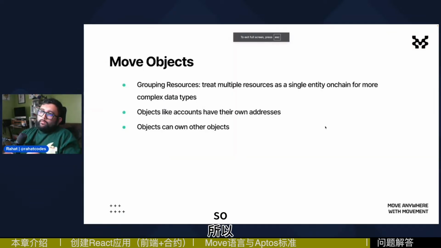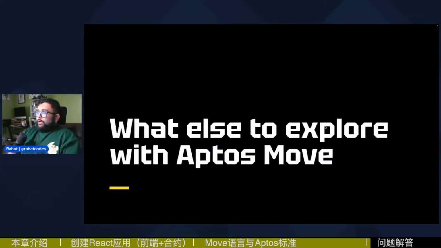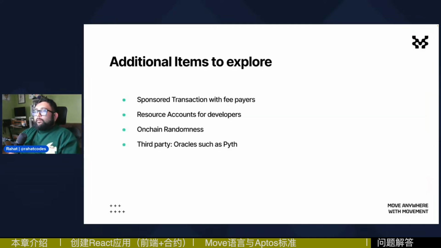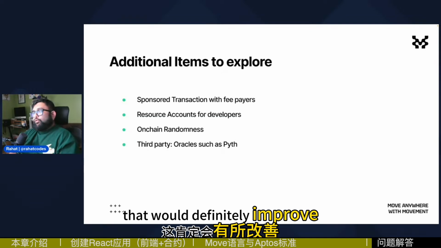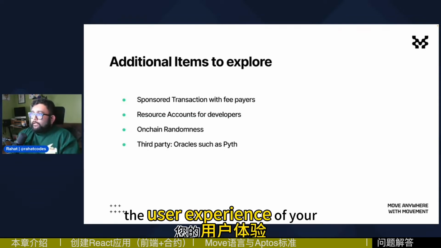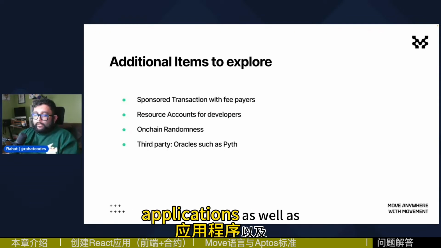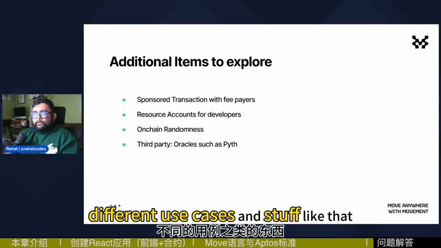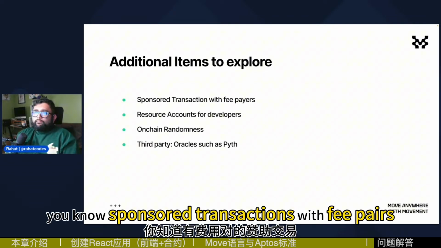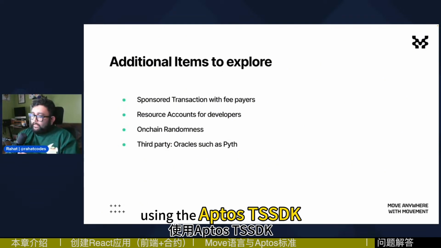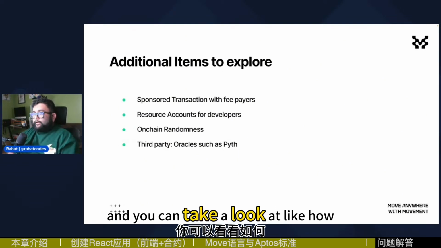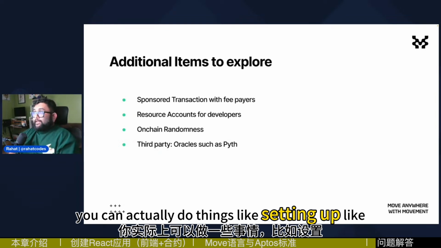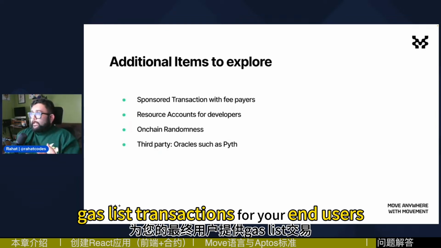Cool. So what else to explore with Aptos Move? Some additional items to explore that would definitely improve the user experience of your applications, as well as allow you to look at different use cases. Sponsored transactions with fee payers, using the Aptos TS SDK. This is supported, and you can take a look at how you can actually do things like setting up gasless transactions for your end users.